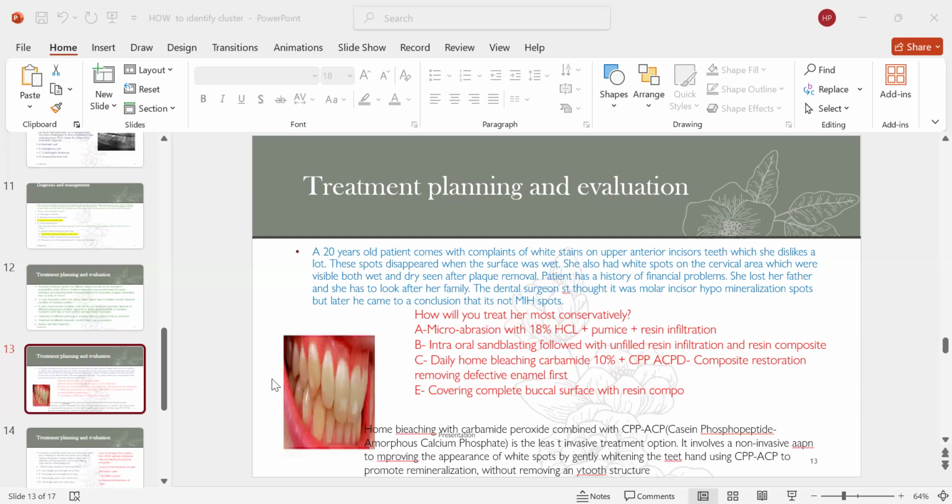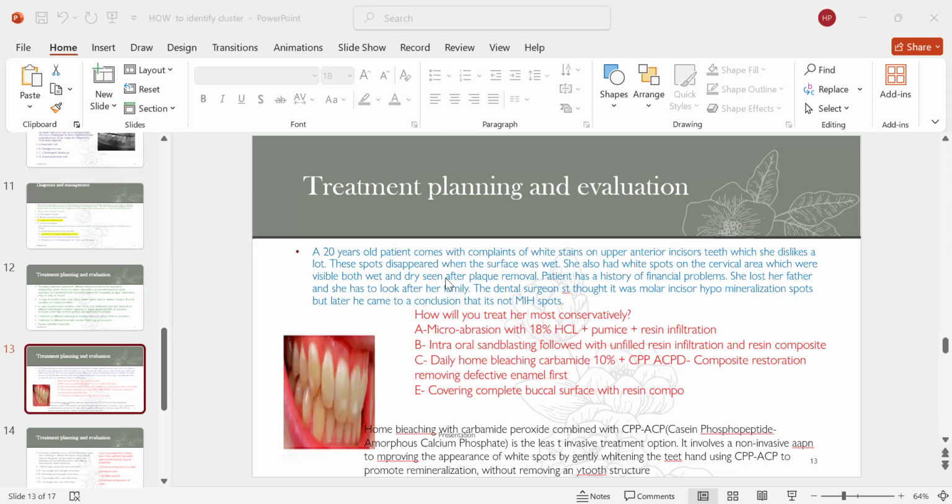So based on the information given, based on the clinical picture given, first the diagnosis should be there in your mind. What are the keywords over here? The white spot in the cervical area visible when it's both wet and dry.